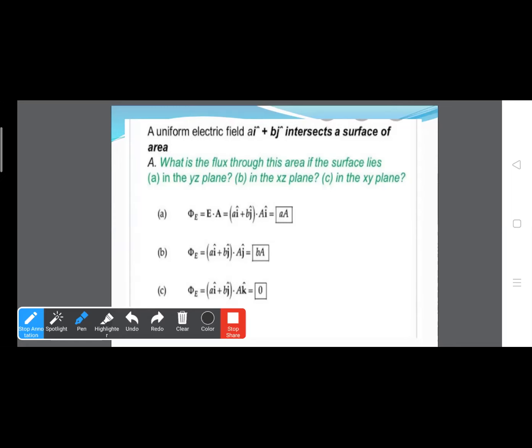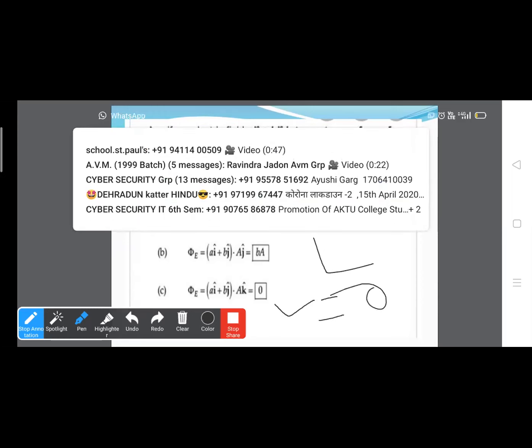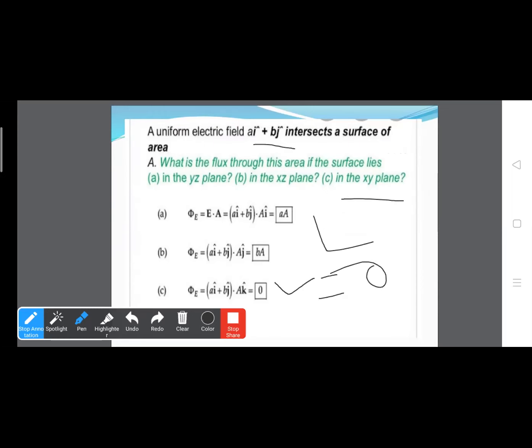Okay. For the third, the electric field is given and we find the electric flux in the XY plane. For the XY plane, the area vector will be in the K direction. So the electric flux will be equal to 0, since the electric field and area vector are perpendicular to each other, so there will be no electric field lines passing through the surface.